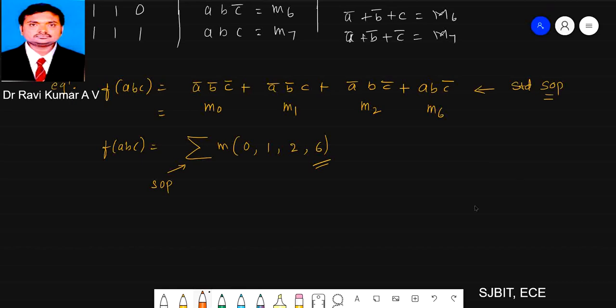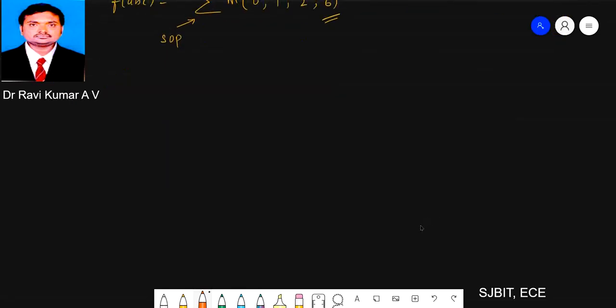Similarly, we'll take one example of the POS equation. Then we can understand that. Let's say the second example, f of ABC is equal to A plus B plus C bar, into A plus B bar plus C, into A bar plus B bar plus C. We'll take one simple example.